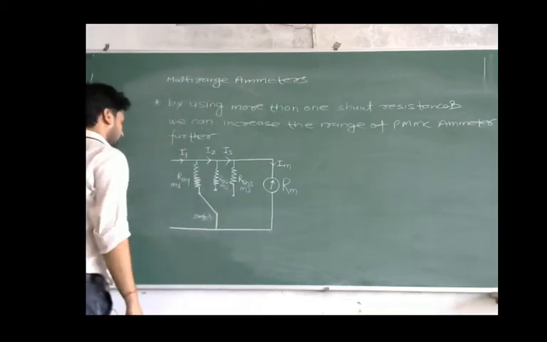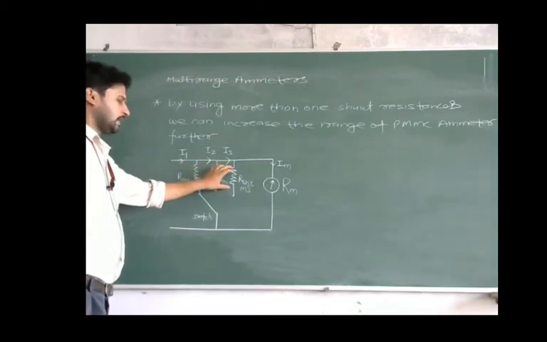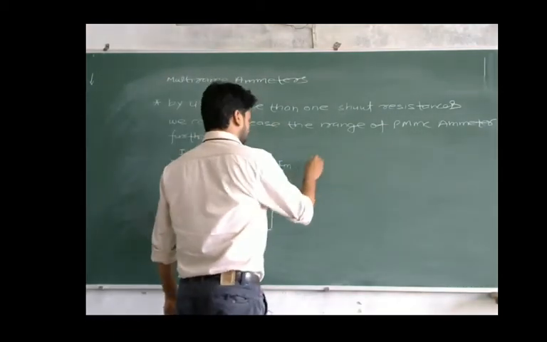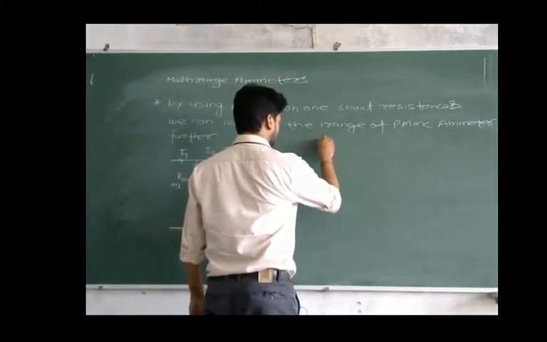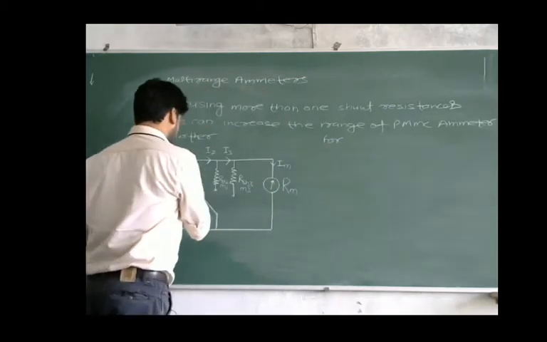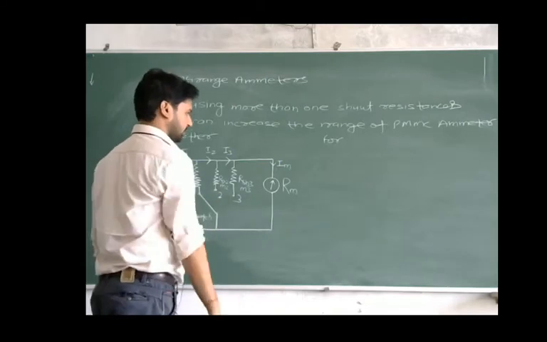So how can we calculate the value of RSH1, RSH2 and RSH3? We can use a formula. Suppose this is position 1, this is position 2 and this is position 3.